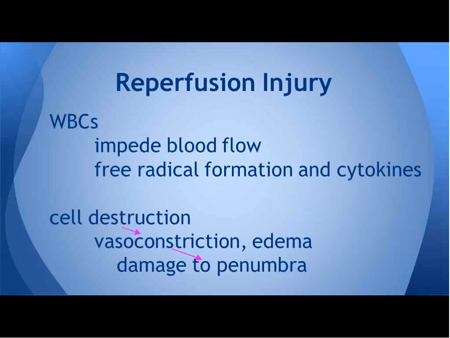Then this leads to reperfusion injuries with the influx of white cells, which impedes blood flow, causes free radical formation and cytokine production, which leads to cell destruction, vasoconstriction, edema, and then damage to the penumbra. The penumbra is essentially the relatively normal tissue that surrounds areas where there's been damage, and that's where we get our secondary damage from these brain injuries.